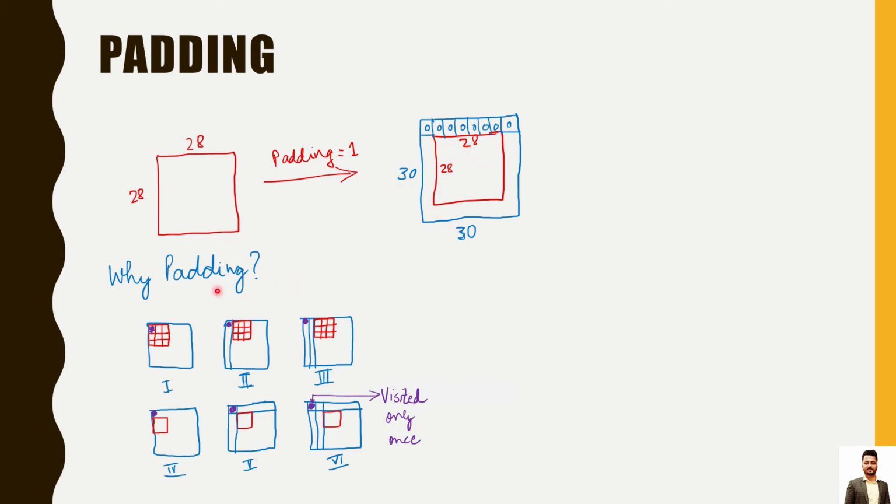Now why are we using padding? Let's say that in the initial image of 28 cross 28, the first value in that image had this violet color, and when you do the convolution over the full image, you are doing it on the first row, so this first row will cover this violet point only once, and then you move down to the second row.